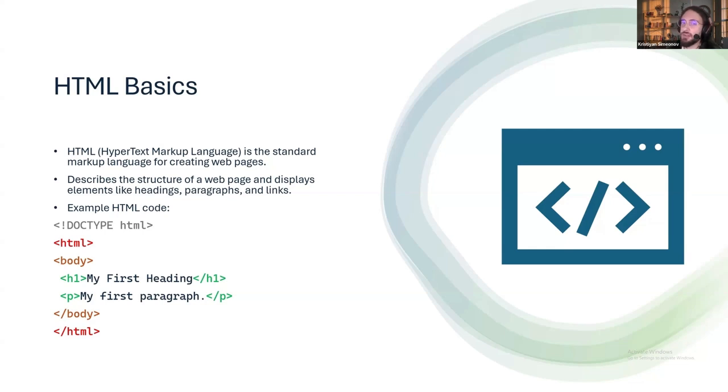There's actually a format called XHTML, which is no longer in use. It had features of both XML and HTML. It's used to describe the structure of a web page and displays elements like headings, paragraphs, links, and so forth.